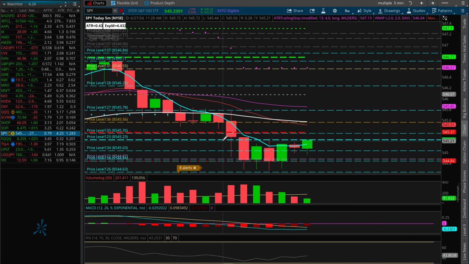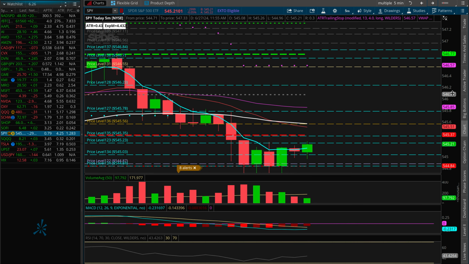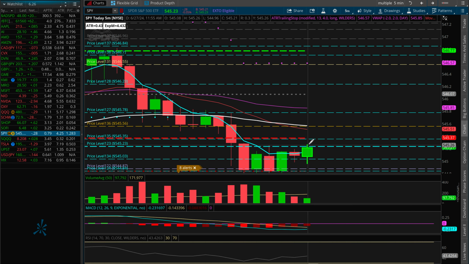It's not moving higher. So right now that 545.23 is still our level of resistance. Well, guess what? We're back above the 5. We're still trying to move past this place. That 545.23, the high of this candle is 545.26. But look right there, that wick means there are some sellers in this area. That wick shows us that there's sellers there.